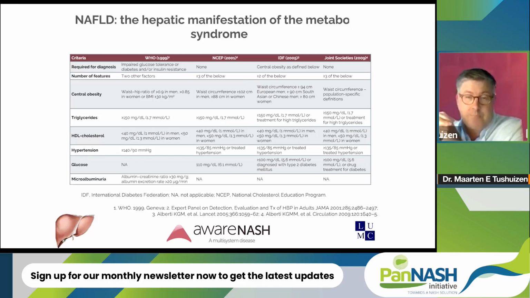So also the development of type 2 diabetes is important. The NAFLD prevalence in these patients is extremely high. And with the increase of obesity in the upcoming years with the so-called Western lifestyle, also the metabolic syndrome and therefore NAFLD will increase as well.